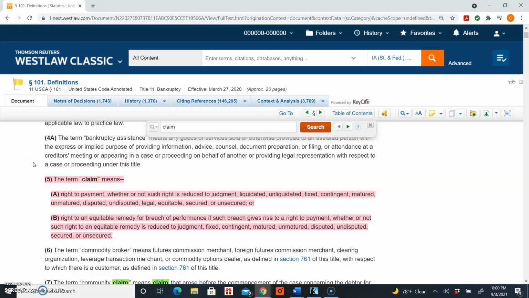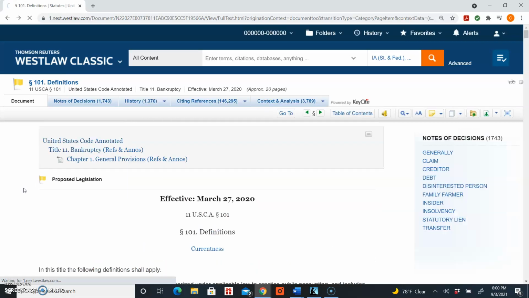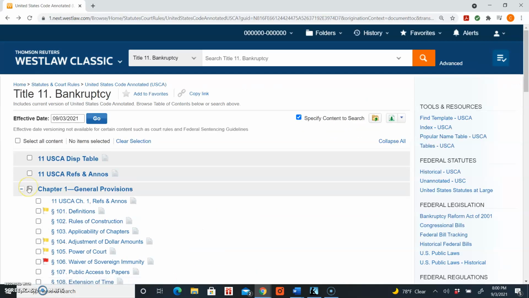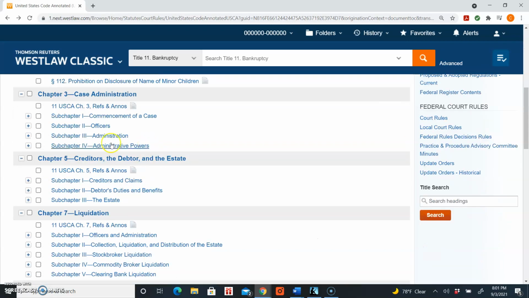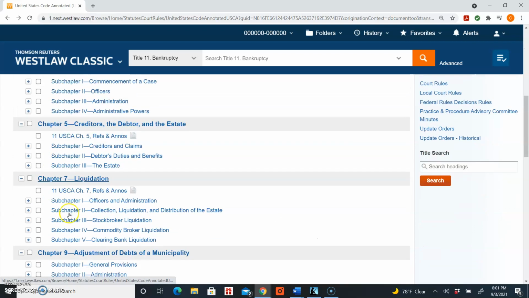So, the next question is, those filing under Chapter 7, where can they find statutory provisions governing bankruptcy discharge in their particular case? So, we'll just back on up a little bit. Keep backing up. So, title bankruptcy. Down here, Chapter 7.